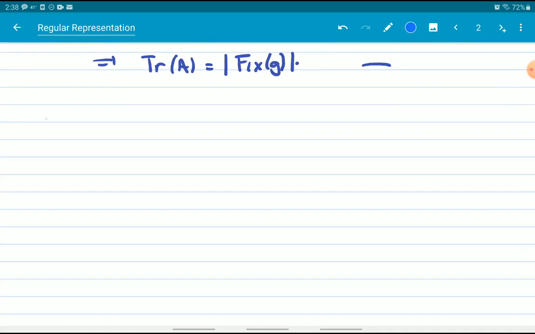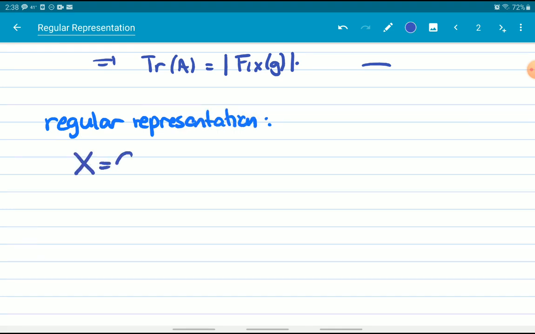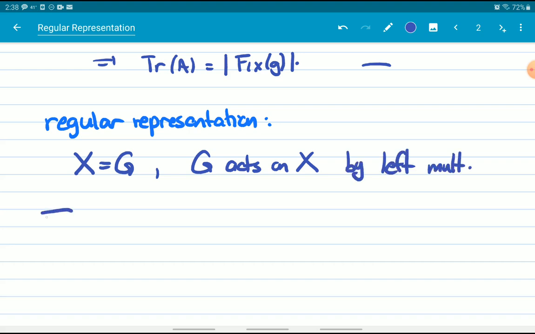There's a very important example called the regular representation. This is produced from the left regular action. G acts on itself by left multiplication. And so we get a corresponding representation, which I'll call L, and is the regular representation.